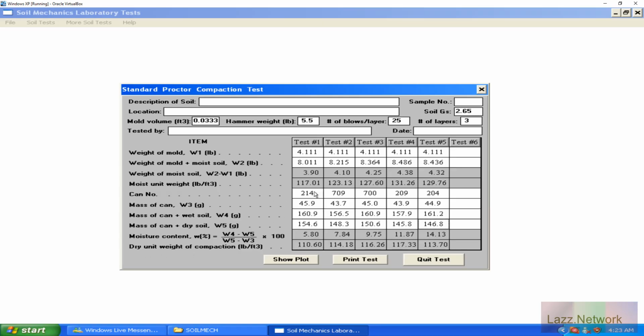It takes that and divides it into this in order to get your dry density. So that's what these all are at the end of the day.